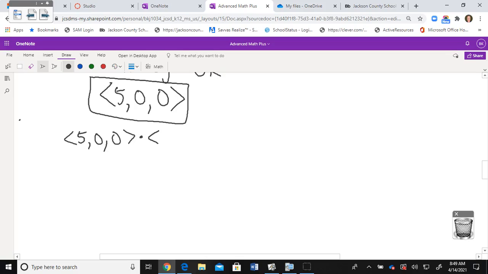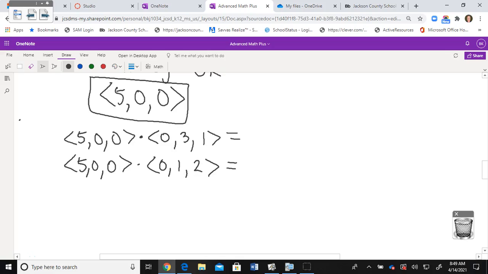So the one vector was 0, 3, 1. And then we had the other vector, 0, 1, 2. And we need both of these inner products to equal what? 0. If it doesn't equal 0, something is wrong.